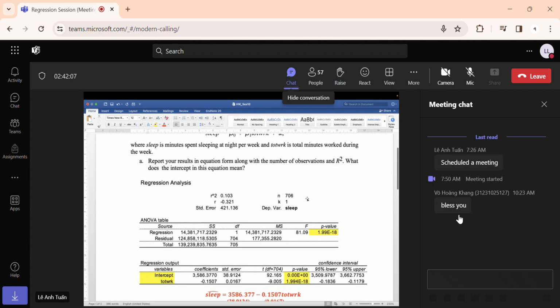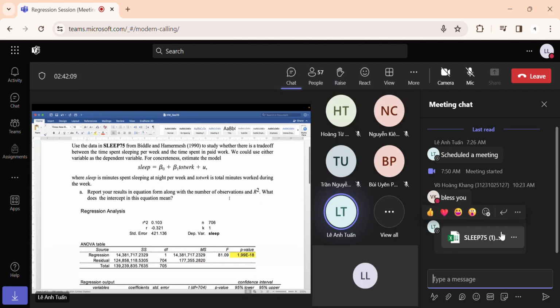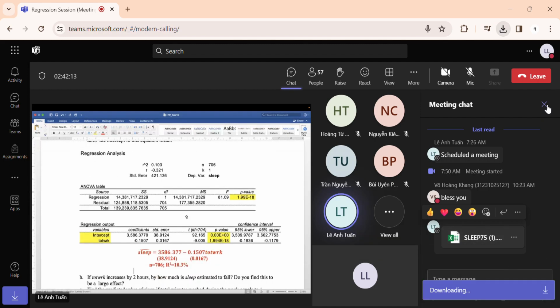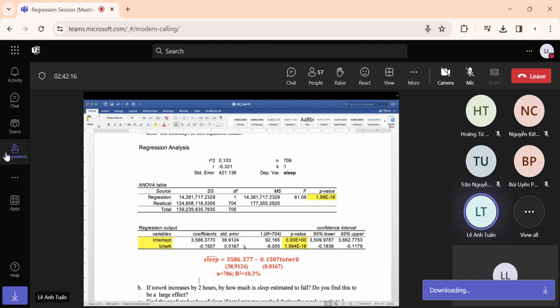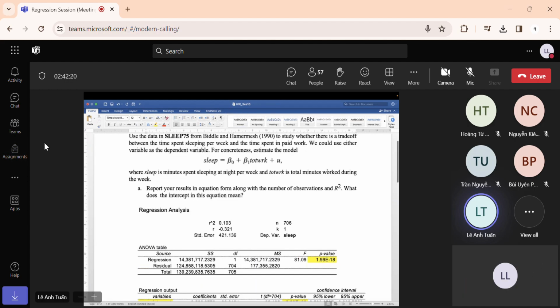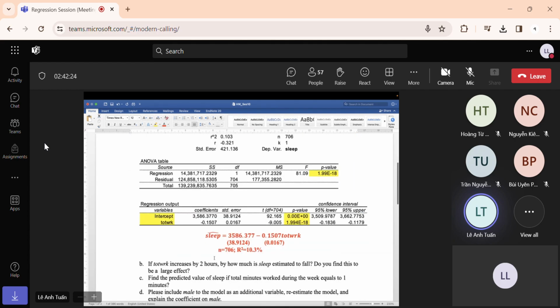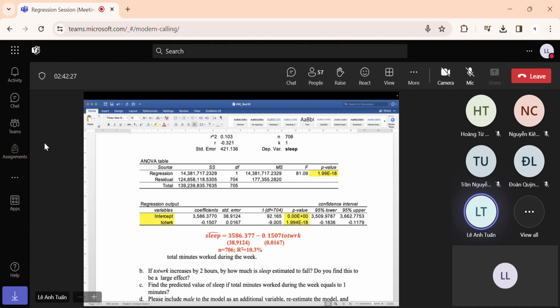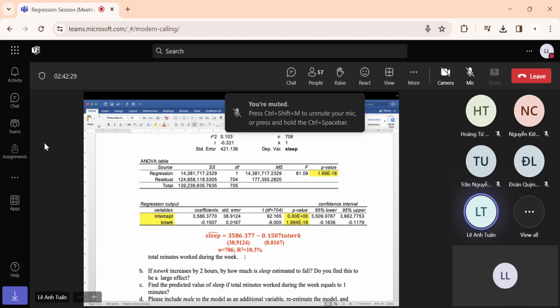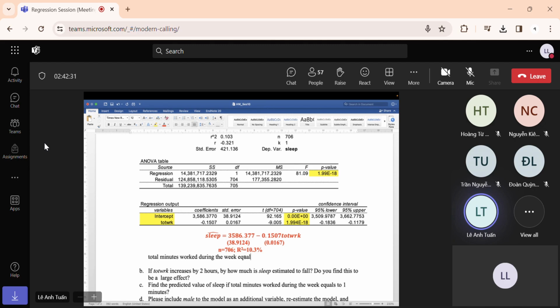That means if the total minutes for working equals 0, suppose you have no work, then the sleeping time is the constant.